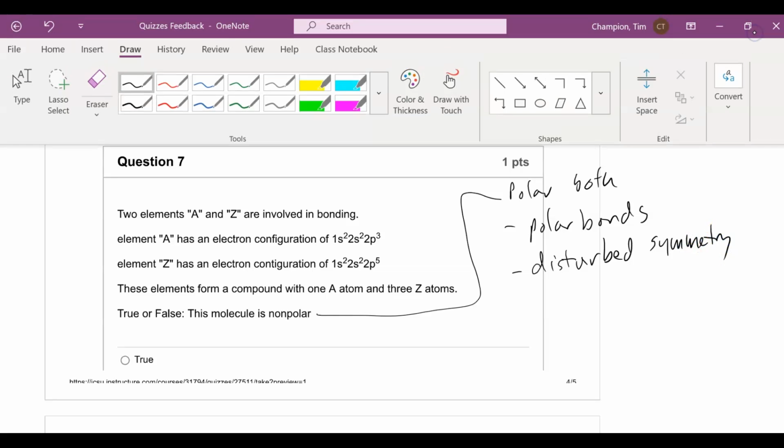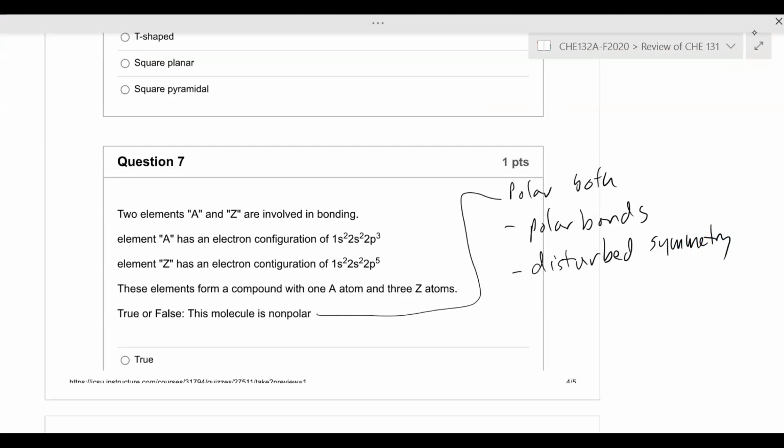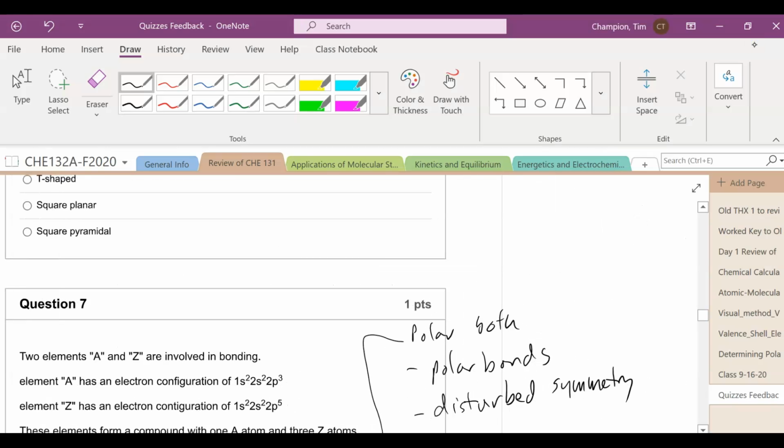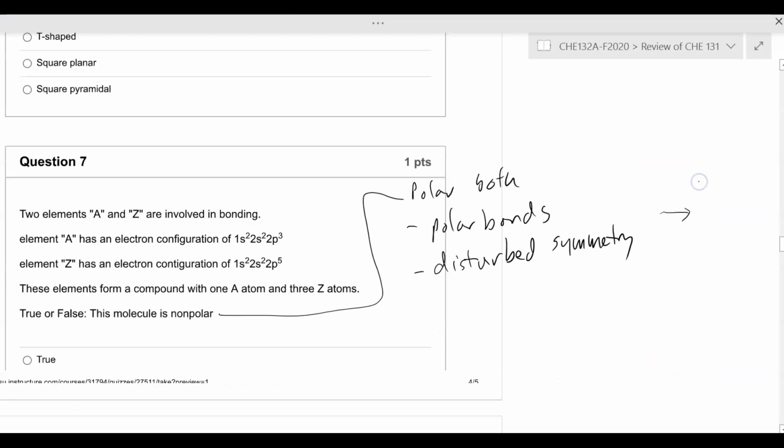And I'll point you back to the determining polarity handout. If you don't have both of these things, then you're nonpolar. So is the A-Z bond polar? Probably so, given that we identified that A is basically nitrogen and Z is basically fluorine. That's going to be polar.